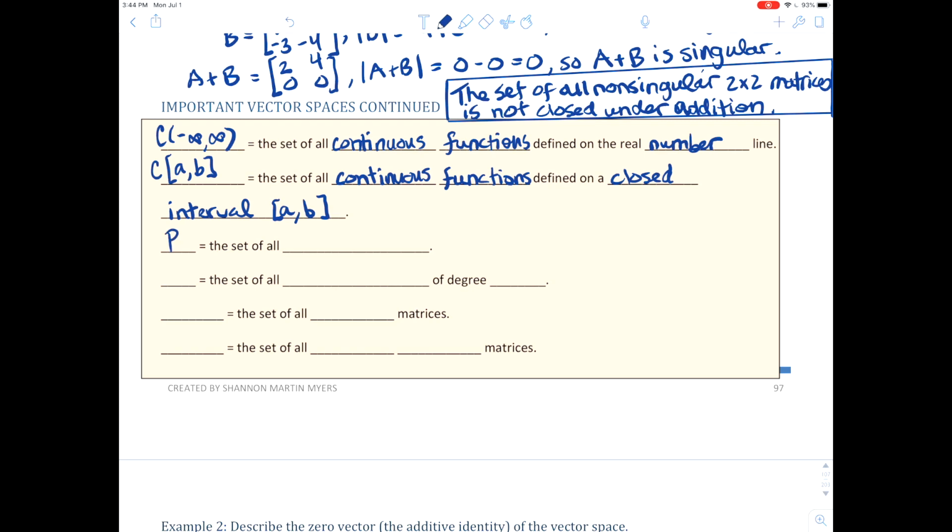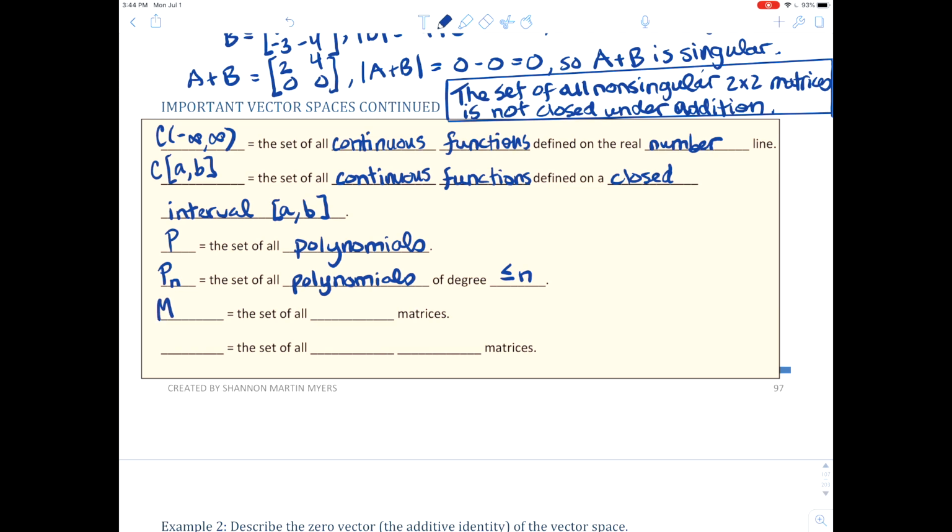All right, P without a subscript is the set of all polynomials. If you have a subscript, P sub n, this is the set of all polynomials of degree less than or equal to n. So if you had P3, you could have a third degree, second degree, first degree, or a 0 degree polynomial.